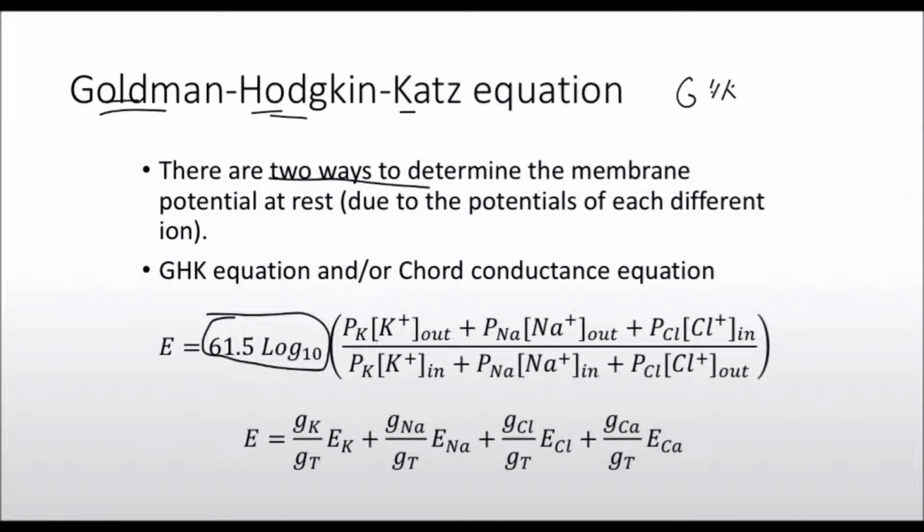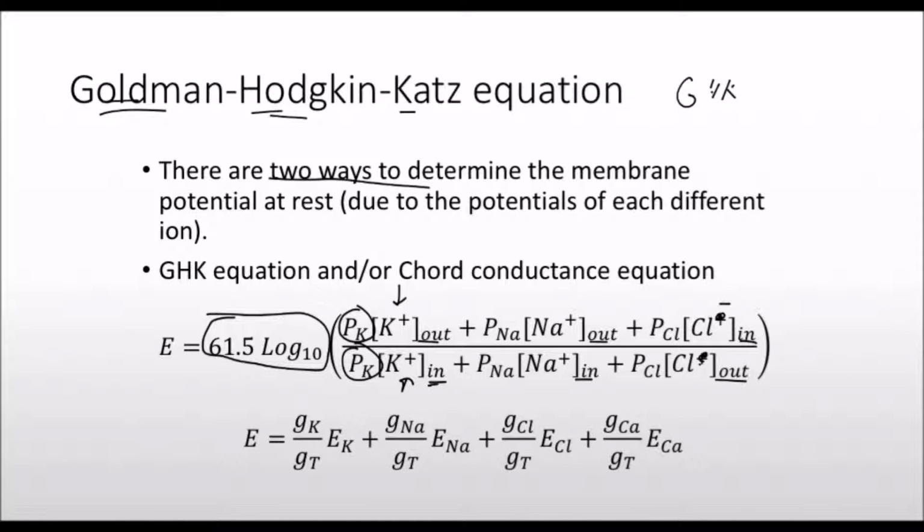And then on the logarithmic portion of the equation, we would take the permeability of potassium times the potassium concentration outside. The permeability of potassium times the potassium concentration on the inside. And it's just like with the Nernst equation, out over in, and then when you have a negatively charged ion, this is a mistake, a typo, a negatively charged ion, you do in over out.